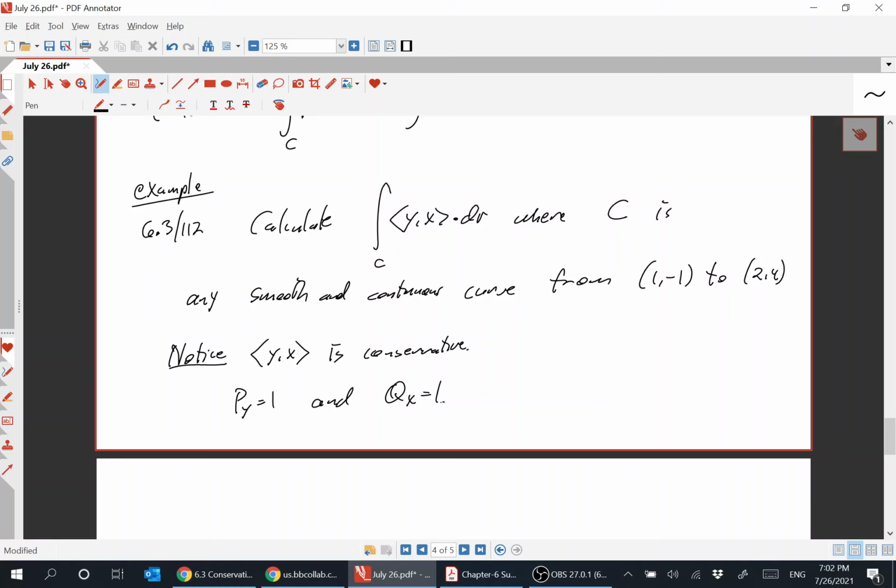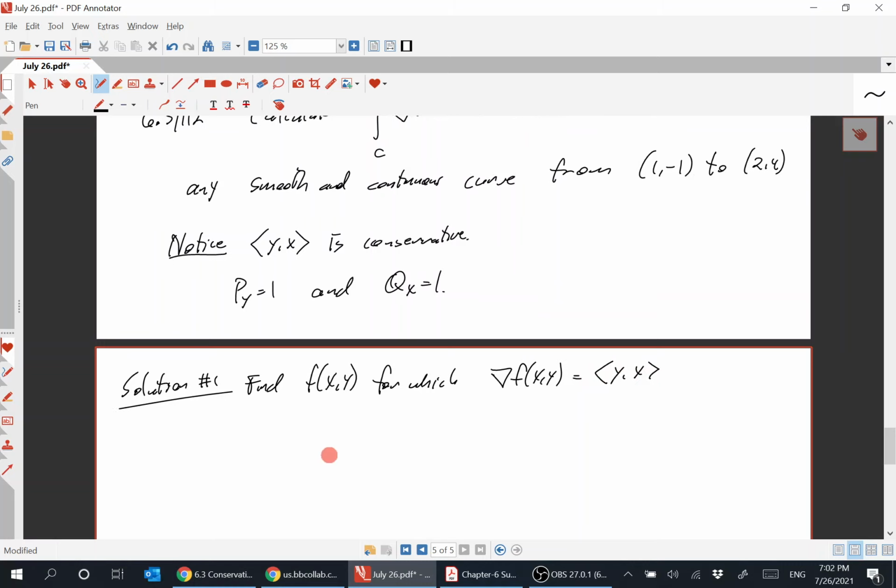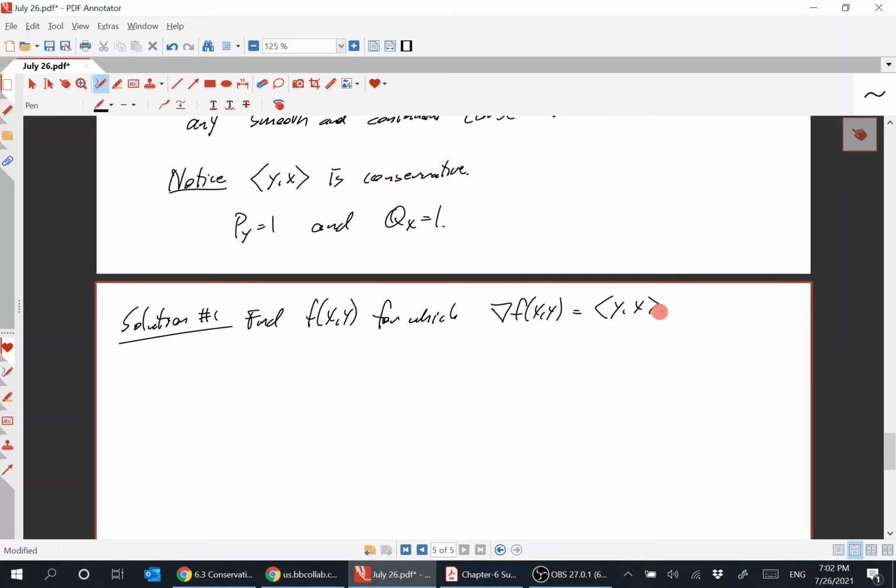So we can find the potential function. Solution number 1: find f(x,y) for which the gradient of f(x,y) is equal to y comma x, and then apply the fundamental theorem from there.